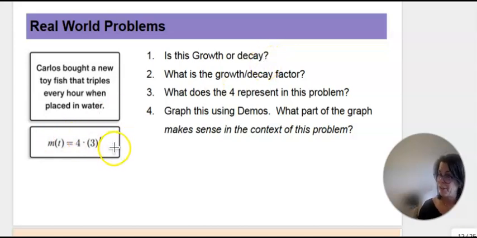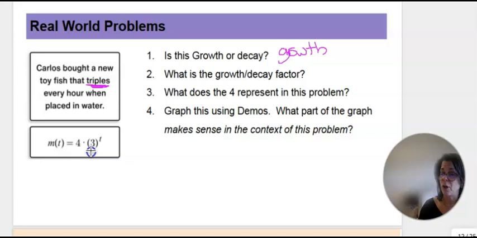They give us the equation. All right, they used function notation. You know function notation. That's the same as y equals. It's growing. We know this from two things. First of all, growth. It's tripling. That's getting bigger. It's growing.